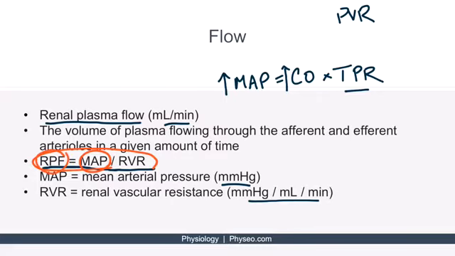So that must mean that renal plasma flow must also increase. Likewise, if the total peripheral resistance decreases, then the mean arterial pressure would decrease as well. This would translate into a decreased renal plasma flow.